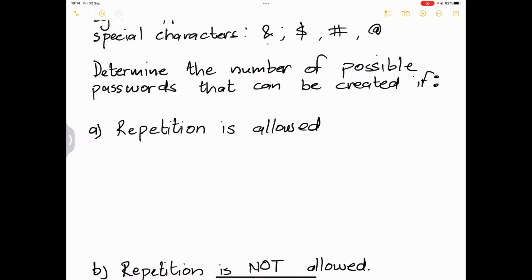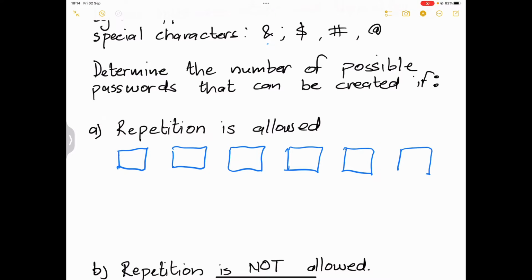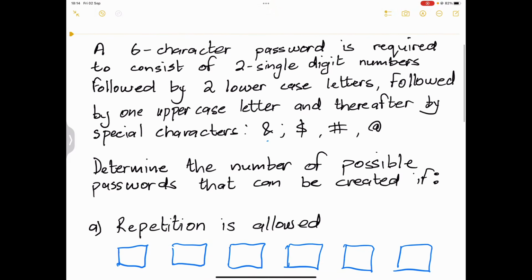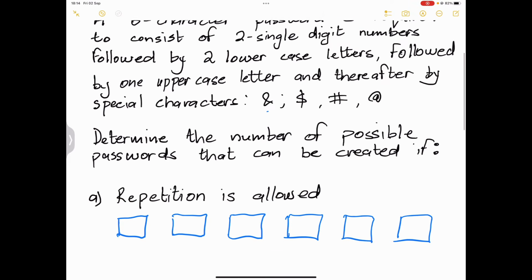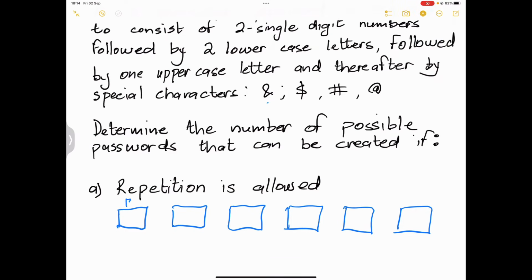If repetition is allowed, remember that our password needs to have 6 characters: 1, 2, 3, 4, 5, and 6. We need 2 single digits, so digit here and digit over there.